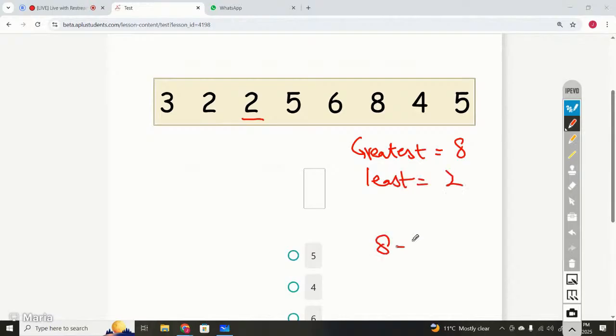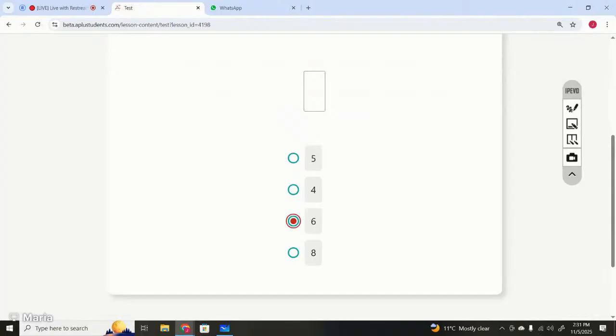So the difference between the greatest and least is 6, right? Because 8 minus 2 is 6, not 5. So the range of the given data is 6. The correct option is 6. Option number 3 is the correct option.